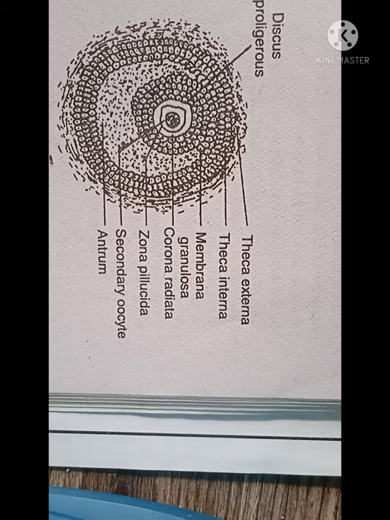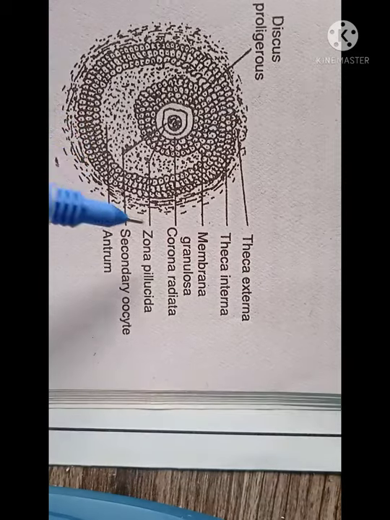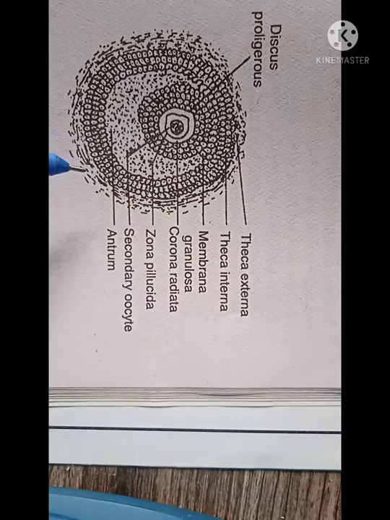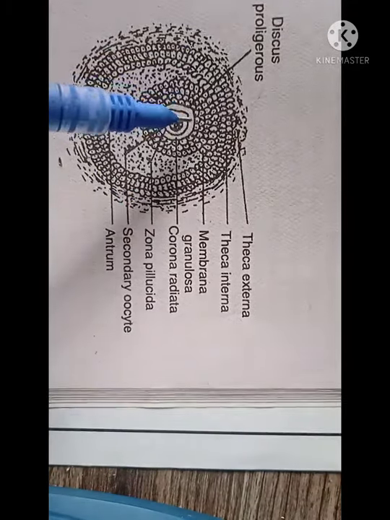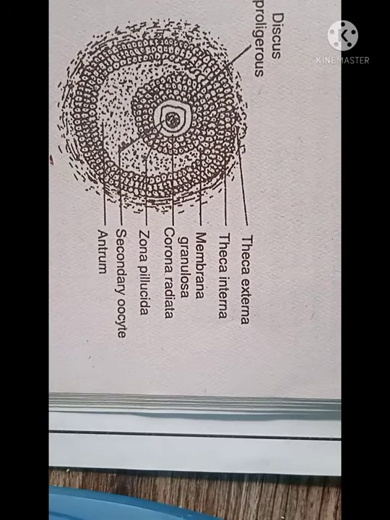This layer is cellular, and the next one is the discus proligerus, or cumulus oophorus.